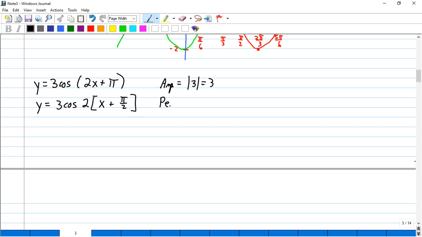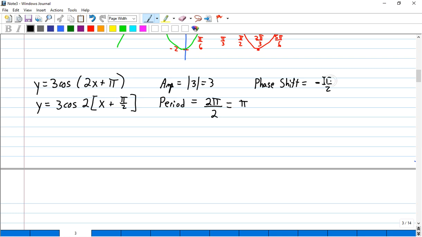All right, so the amplitude is going to be equal to the absolute value of 3, which is 3. The period is going to equal 2 pi divided by what? 2. So the period's going to be pi. The phase shift, or starting point, is going to be equal to negative pi over 2. And that's because there's a plus right here.